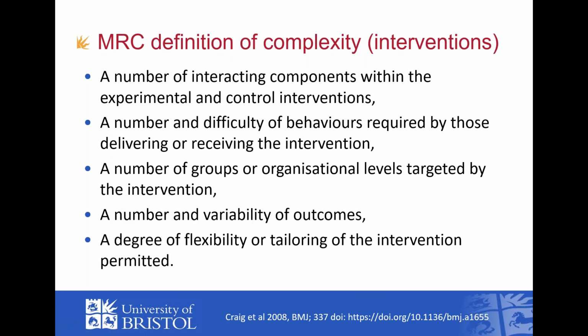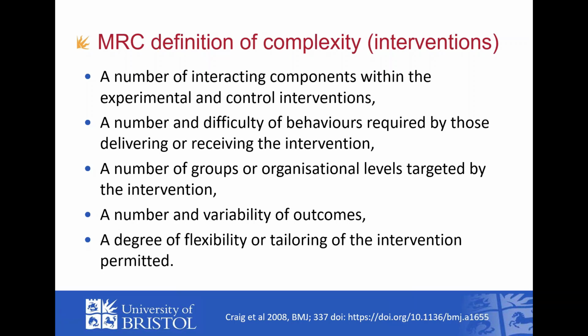In specifying those aspects of intervention complexity, the handbook also references the UK Medical Research Council's 2008 definitions of complexity, which are really the most commonly cited definitions of complexity.